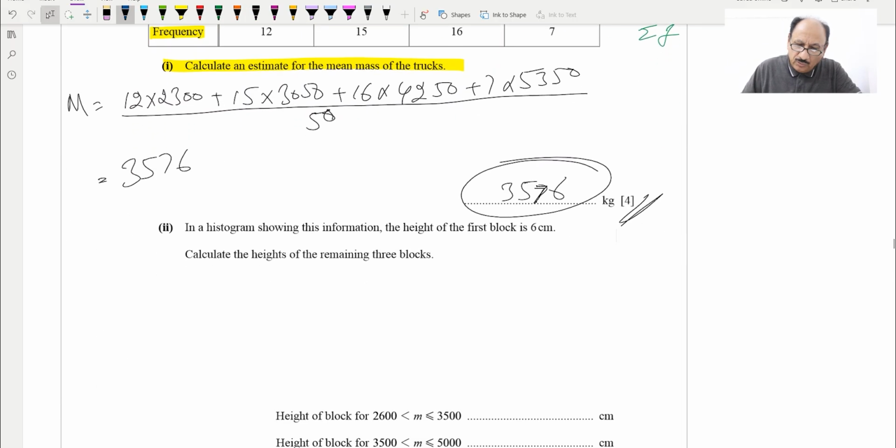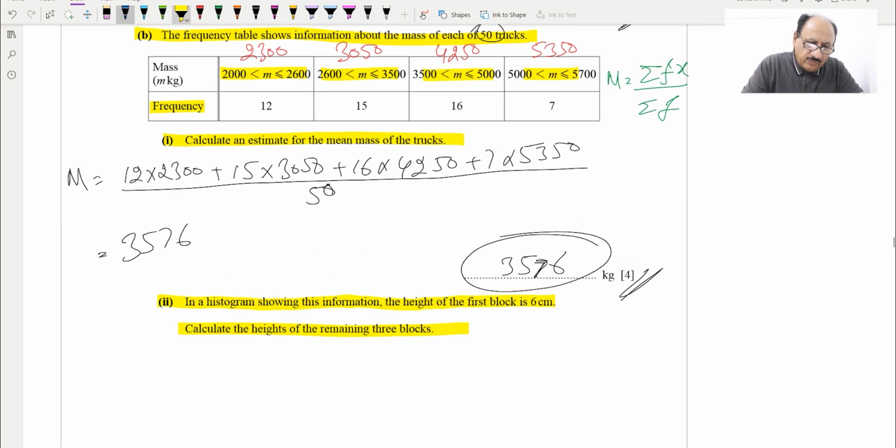Hopefully you understand this. Now for the second part, in a histogram showing this information, the height of the first block is 6, and calculate the height of the remaining 3 blocks. So first of all, we will calculate the multiplier from the first information given, which is height is 6 centimeters.